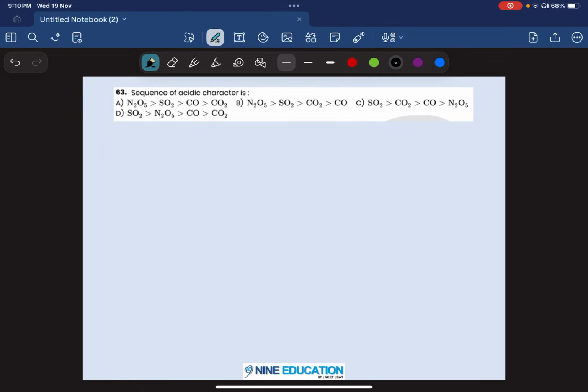Next, the sequence of acidic character in oxides. Always remember two things. Acidic character in oxides depends on two factors. Electronegativity of the atom: the more electronegative the atom is, the more the acidic character it will exhibit.